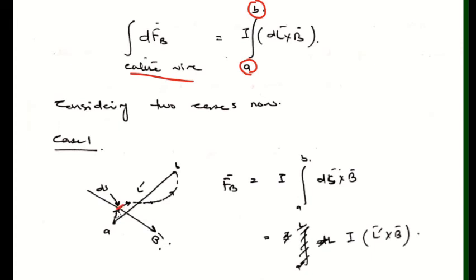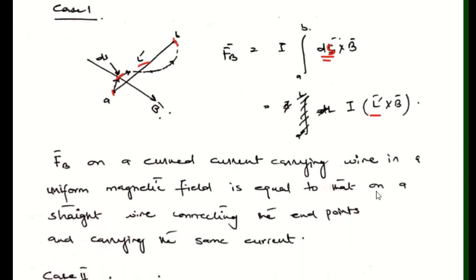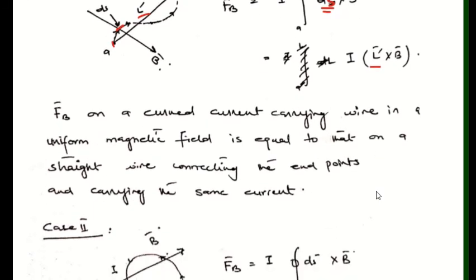Let us consider a small length element ds, and the two ends of the wire are represented by A and B. To calculate the magnetic force, I can write the equation I integral from a to b of ds, the small length element that I am considering, cross B. When I integrate this ds over the entire wire, from A to B, I get the total length of the wire, given as L prime here, and FB will be equal to I into L prime cross B. So the magnetic force on a current carrying wire in a uniform magnetic field is equal to that on a straight wire connecting the end points and carrying the same current.